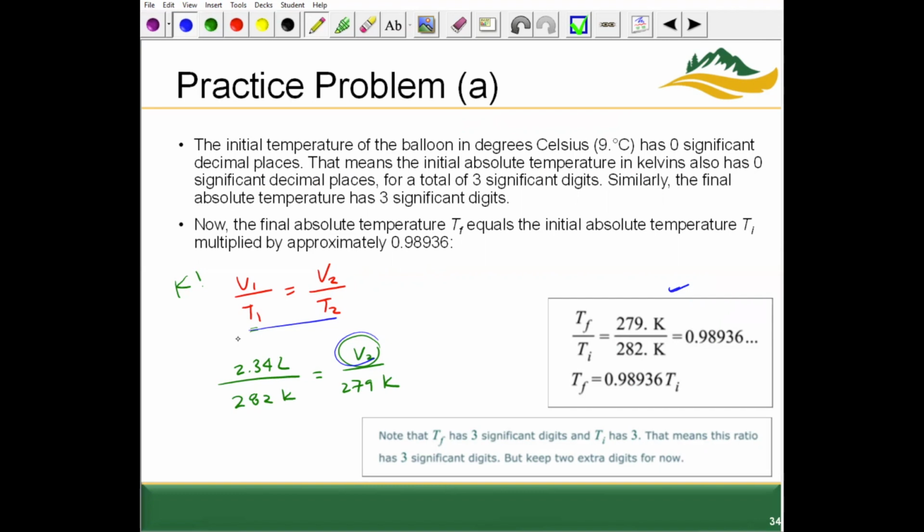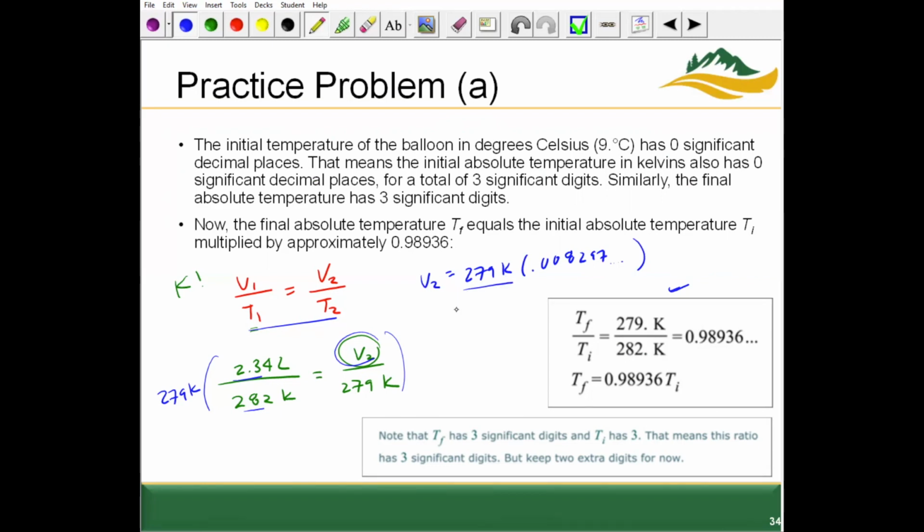This means we would take this, all this multiplied by 279 Kelvin to cancel that out, saying that volume 2 then is equal to 279 Kelvin multiplied by 2.34 divided by 282. That's equal to about 0.008297. I would keep this full number in my calculator, multiply that by 279.